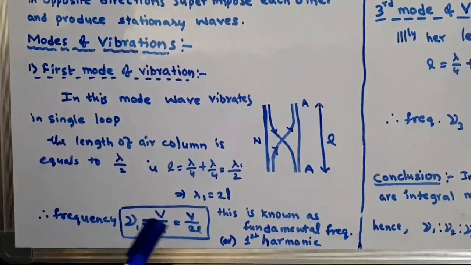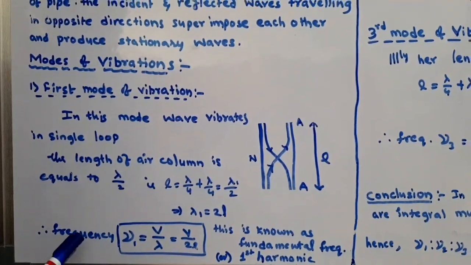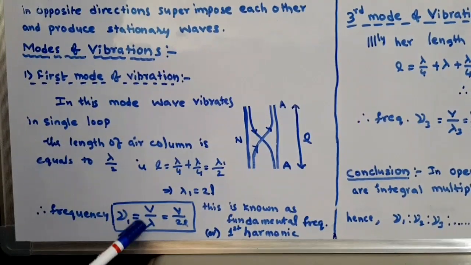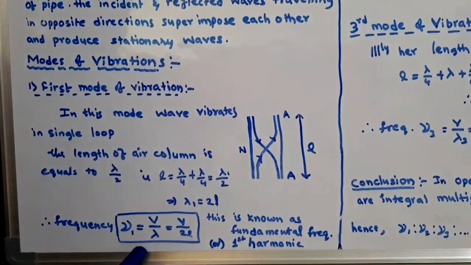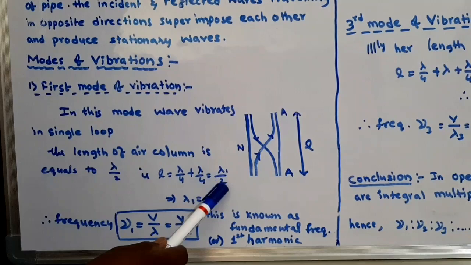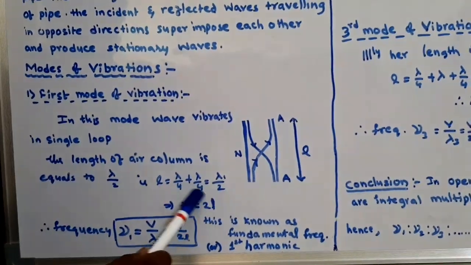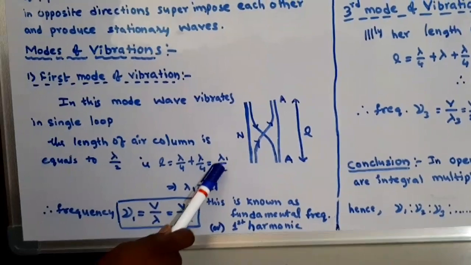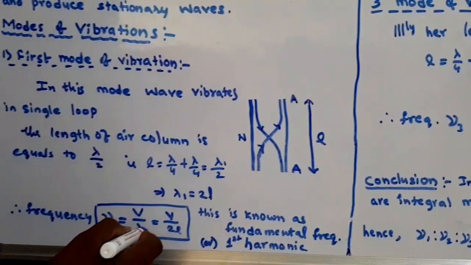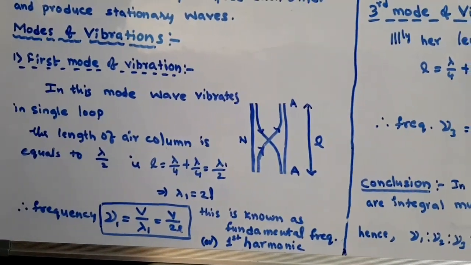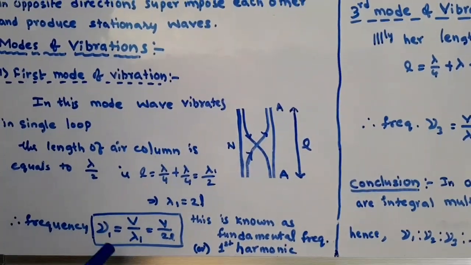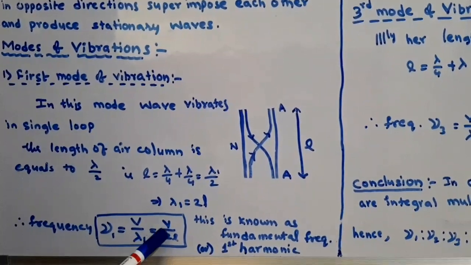Next, the frequency, because our aim is to find the frequency here. The frequency is defined as the ratio of the velocity and wavelength. Wavelength is equal to 2L from the above equation. So lambda 1 is equal to, by cross multiplying with 2, 2L. So you can substitute this lambda 1. So nu 1 is equal to V by lambda 1, which is V by 2L.